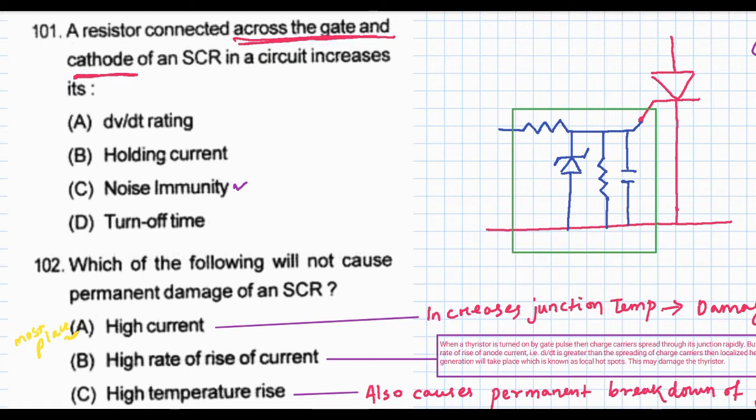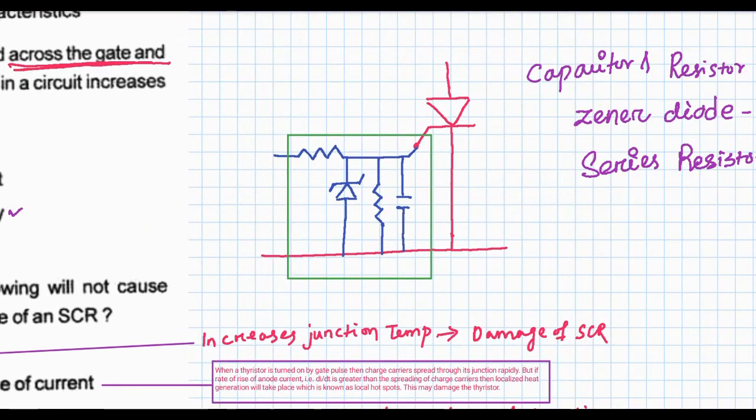If we see the protection circuit of a gate, here is one resistor and here is another resistor and capacitor along with a Zener diode. Which element is used for which type of protection?